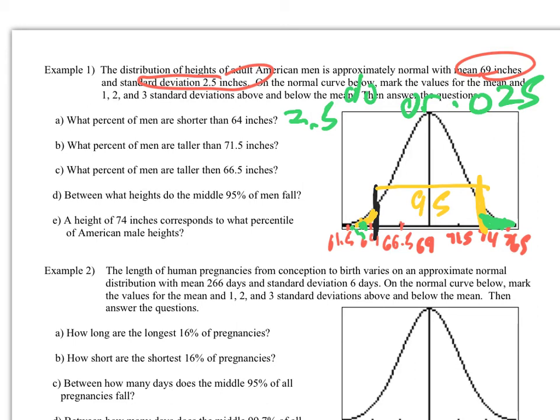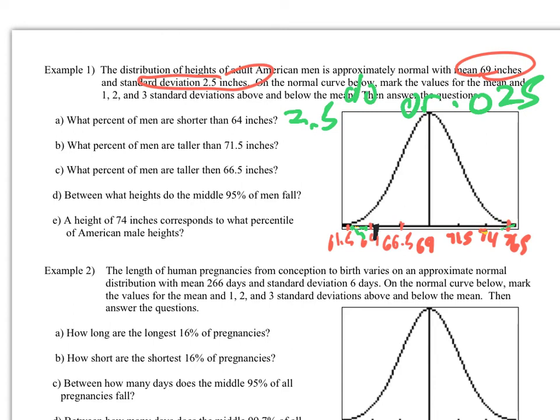Letter B. What percent of the men are taller than 71.5? Okay, so I'm going to erase my work. You have to draw another picture somewhere because I'm sure you wrote over it. So I'm going to get rid of this part right here, just so you can see what I'm doing. I want taller than what? 71.5.